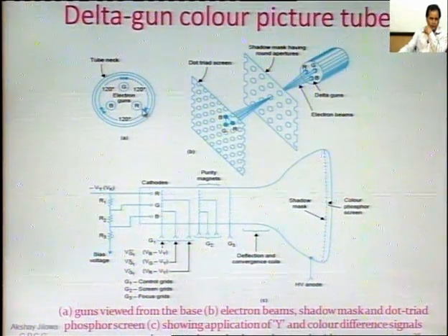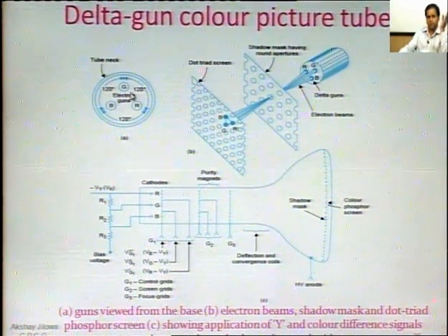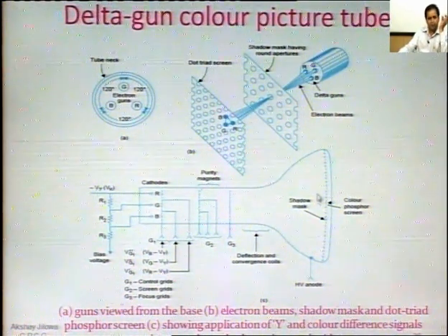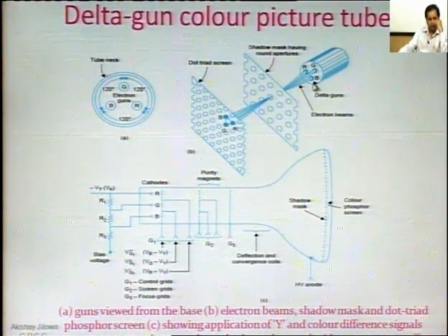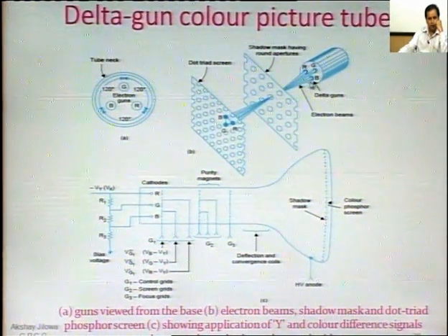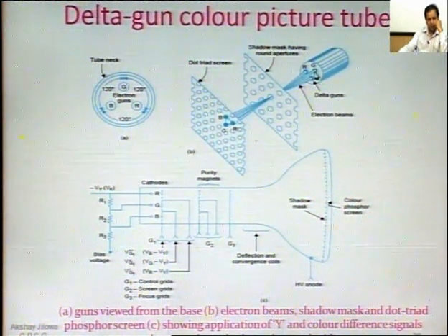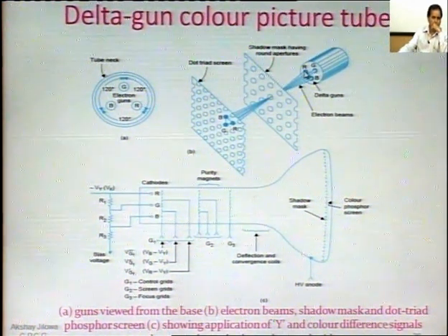So it forms a delta-like structure. That is why the name was given, and similarly the structure of the gun is also of that type: the green, blue and red electron guns are arranged in such a manner that they form a delta. So it is given the name delta gun tube.